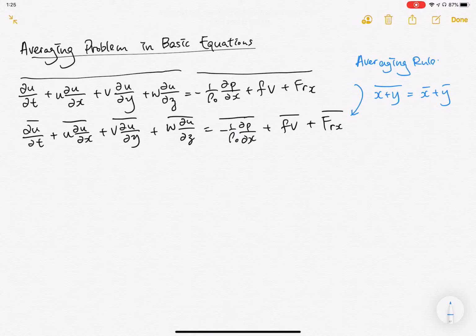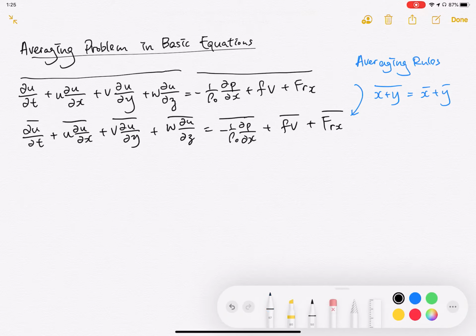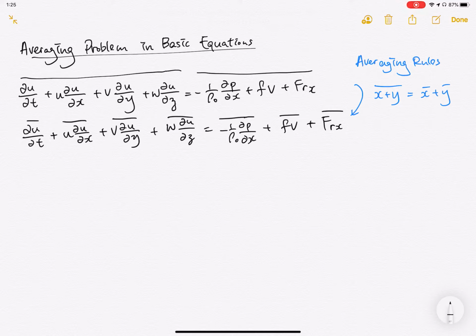Okay, and then next step, in this part, we are going to handle the things on the right hand side first. So I'm just going to copy what we have on the left hand side.